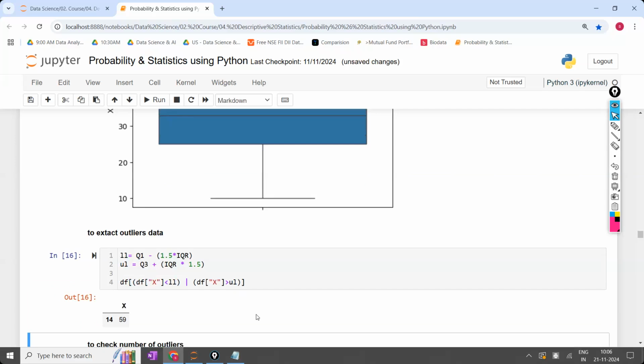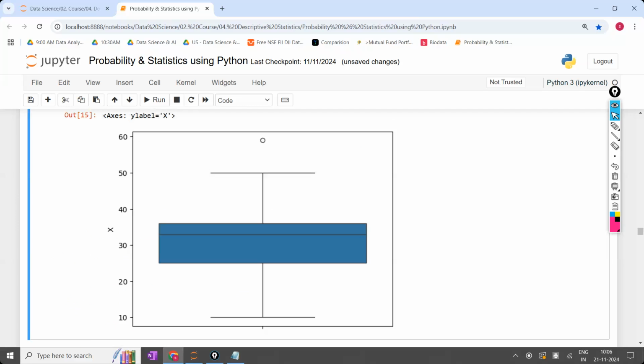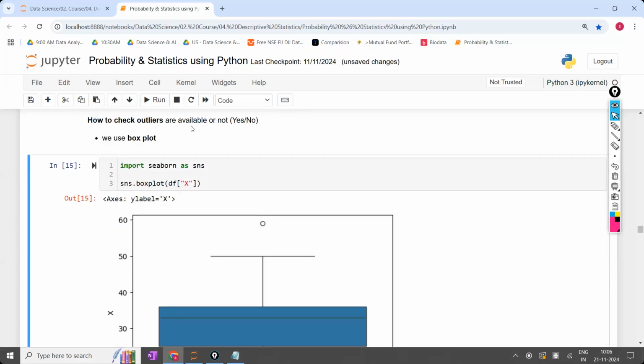We are not going to say here one dot is there, so one outlier, two dots are there, two outliers. Sir, this dot is close to 60, so I think 60 is the outlier. No, from the box plot don't conclude like that. From the box plot you have to conclude only whether outliers are available or not. Yes or no. Yes means yes, no means no. That's it.